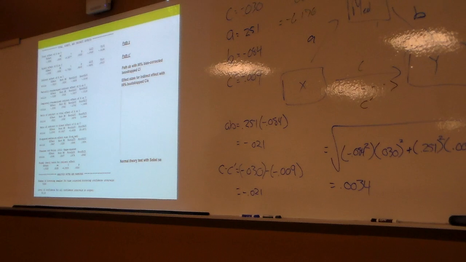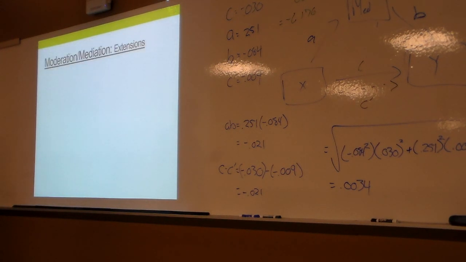And then down here it's just telling you how many bootstrap replications it ran, your 95%, what level of confidence interval you ran off of that, and that's your process stuff, okay? So this is a nice way of going through and addressing some of the limitations of your causal steps stuff, at least in terms of testing whether or not partial mediation is statistically significant, okay?